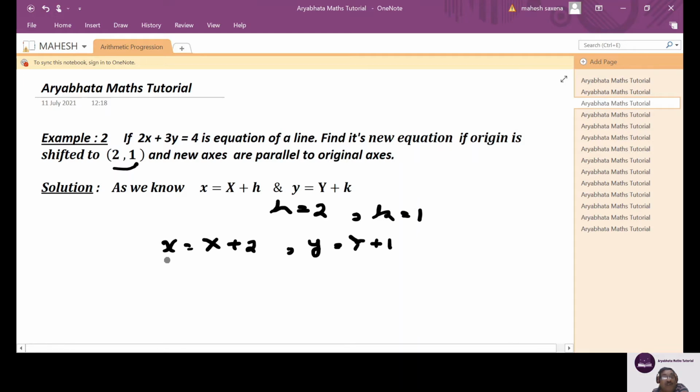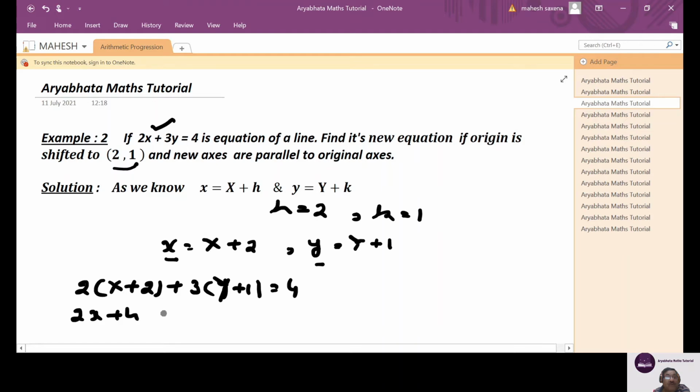Now we put these x and y values in the equation. Therefore, it will be 2 times capital X plus 2, plus 3 times capital Y plus 1, is equal to 4. That is 2 capital X plus 4 plus 3 capital Y plus 3 is equal to 4.